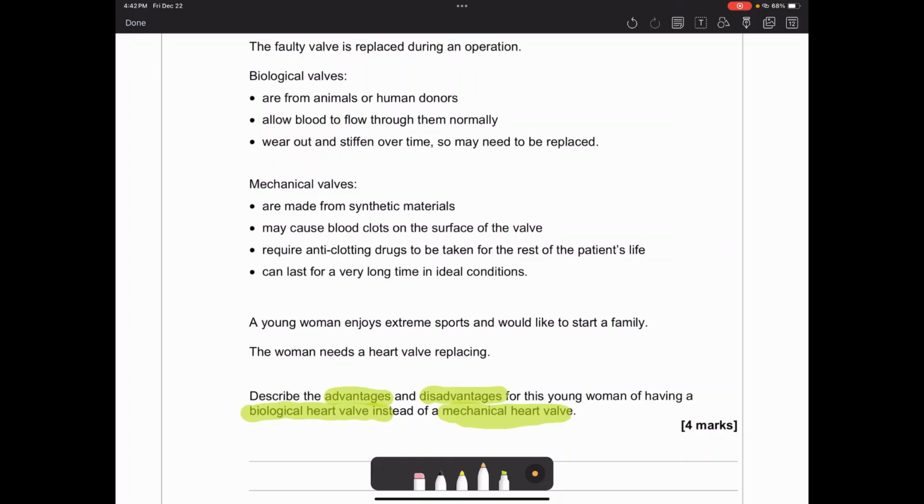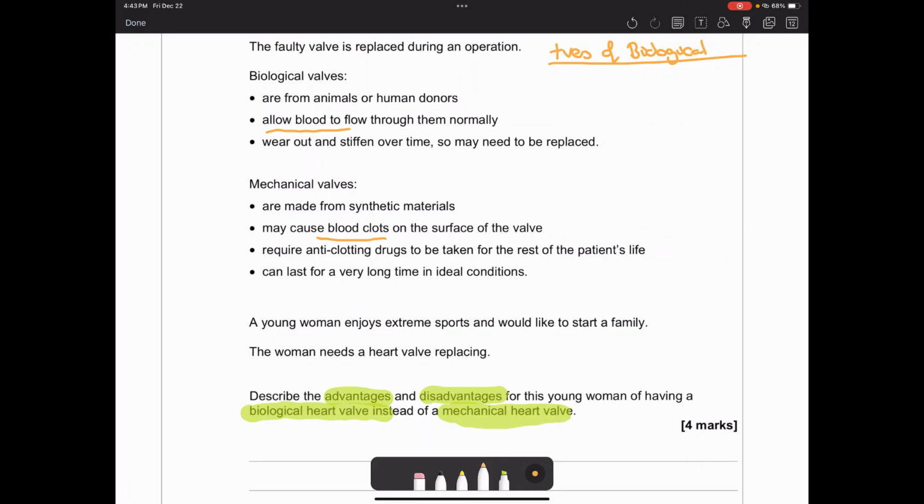So what I would potentially do is draw it out and just do it as a little summary list of every reason you can think of. So I would say positives of biological heart valves. Now I'm just going to do it as bullet points, but obviously you turn it into short sentences. So advantages of biological is that it allows blood to flow through them normally, whereas mechanical could cause blood clots.